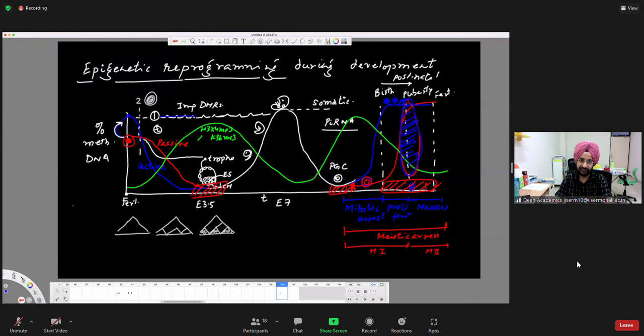But then they are also again erased during PGCs. They are being erased and erased. So what's happening? What do we mean by transgenerational inheritance? Now, this was the male thing. When my grandfather was in his teenage years, he was deprived of food, there was famine, and I got predisposed to diseases.